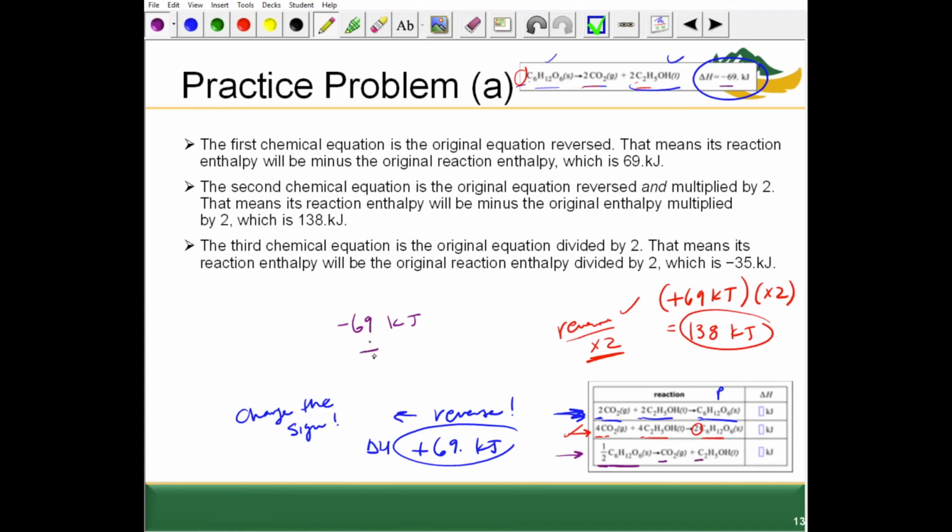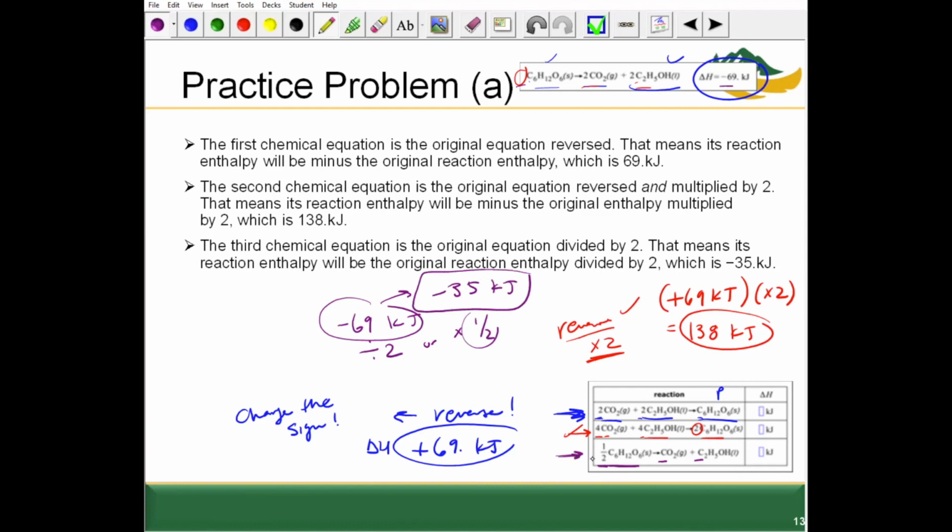That means we need to divide by 2, which is the same thing as multiplying by 1/2. So we keep the sign, negative 69 kilojoules, multiplied by 1/2 or divided by 2. That then equates to negative 35 kilojoules as our change in enthalpy for that third reaction.